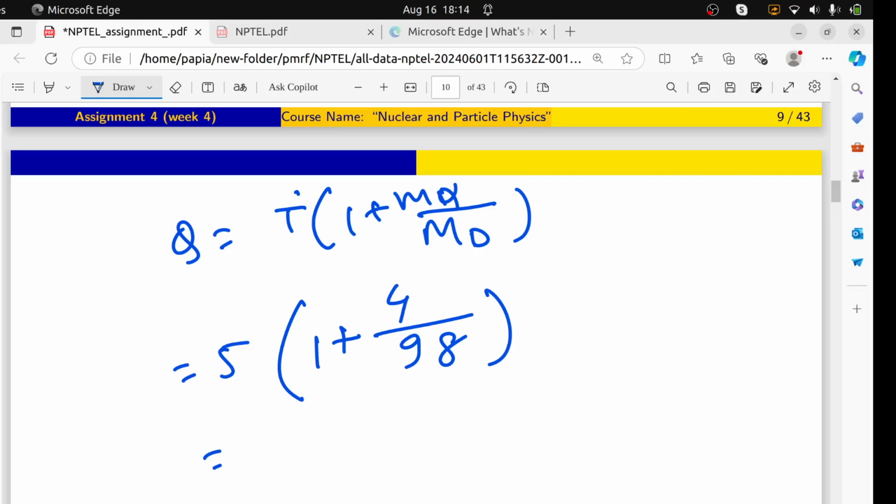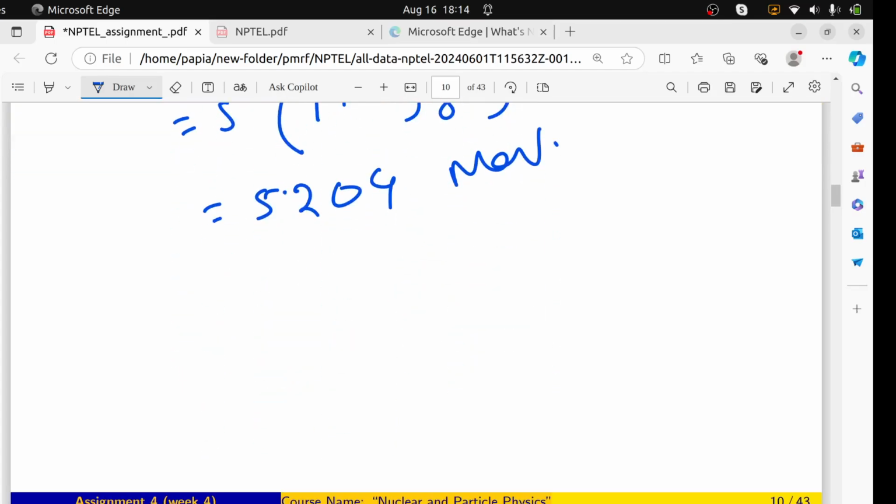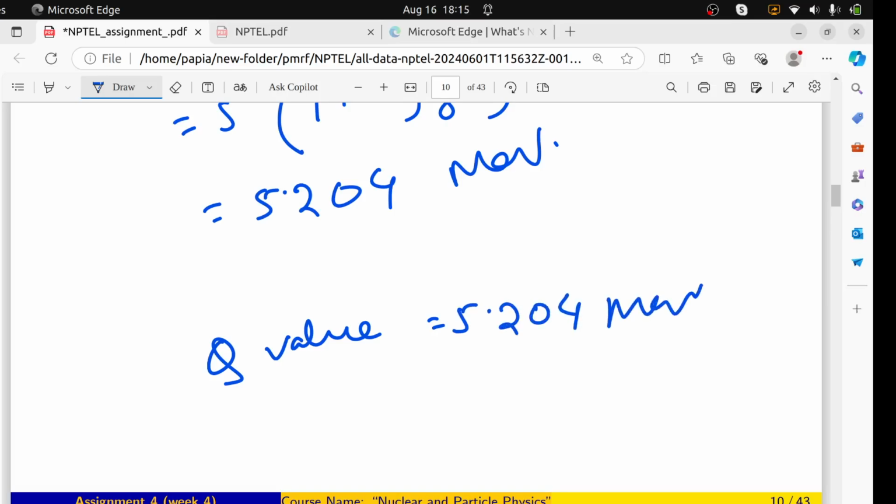So the value will be 4 divided by 98 plus 1, times 5. So it will be 5.204 MeV. So the Q value will be 5.204 MeV.